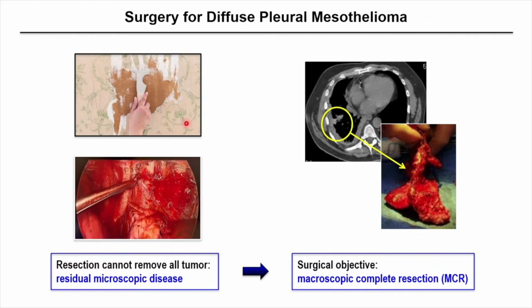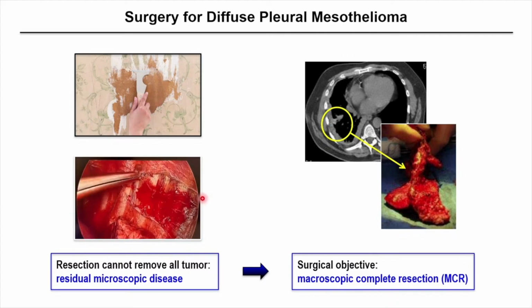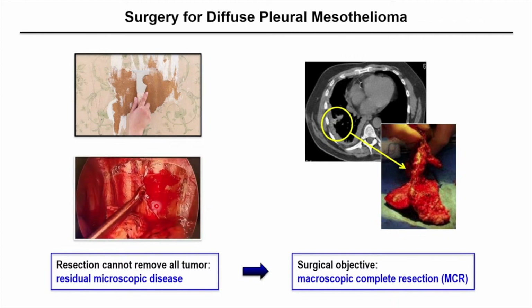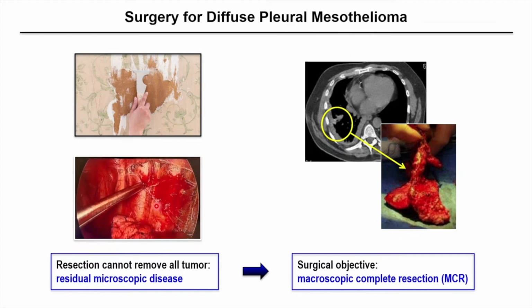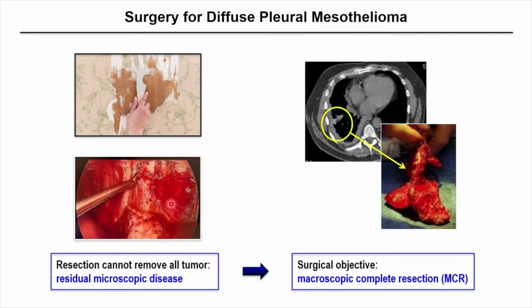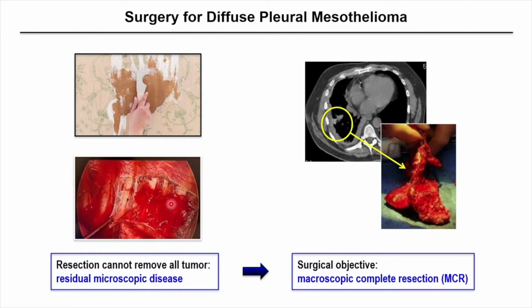And I put here, maybe everybody hasn't removed old wallpaper, but that's sort of the physical constraint of what it takes to peel pleura off of the chest wall. And here I couldn't get a good visualization of what the actual tumor is, but I'm showing you an analogous view of actually, this is normal pleura, and even then, Mother Nature intends for that pleura to stick onto the chest wall, so even the normal tissue is hard to take off, okay?